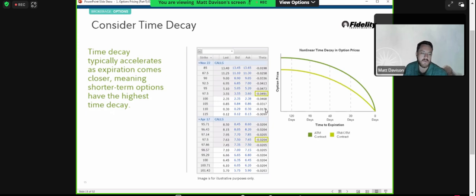So the first thing to know is what we've already said: shorter options, less premium; longer options, more premium. Now, in the same vein, think about what is actually occurring. There's a time value and there's an intrinsic value. All of these remaining Greeks are really affecting the time value that's remaining on the option.